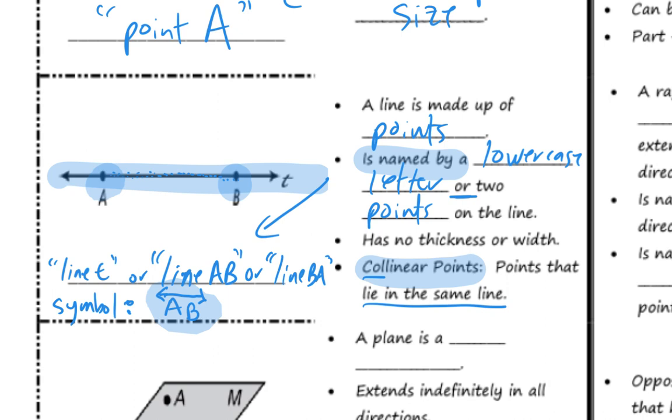So we can say point A and point B are collinear points. We talked about points, A and B. When we have A and B on a line where it goes either way, we call that a line. So this would be line AB or line BA, and this is the symbol that we would use for this.